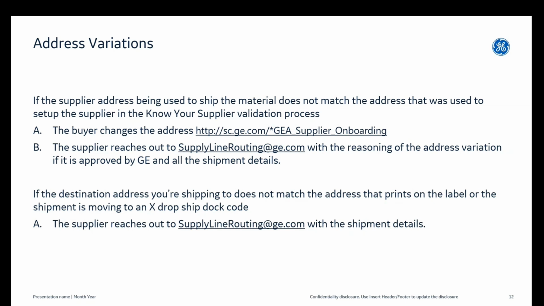Your shipper supplier address, the manufacturing address that was used however long ago it was that you started doing business with GE Aviation, that is the address on record. If you move, or if you have multiple manufacturing facilities all under one supplier code, there are multiple different scenarios for how something could be off in this.